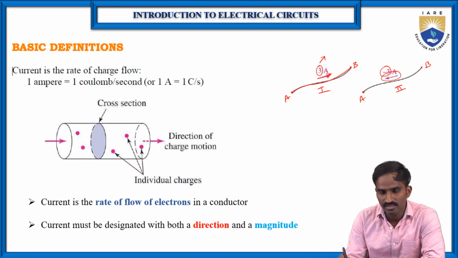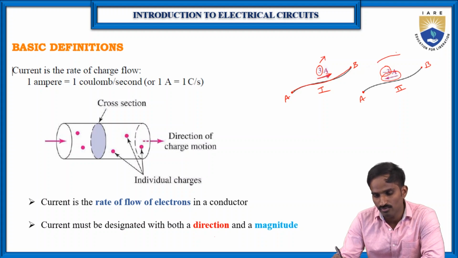According to the arrow mark, the indicated direction is from B to A, but the magnitude is given as minus 3. Minus 3 means the actual current is flowing in the opposite direction to the indicated one, so the actual current is flowing from A to B only.